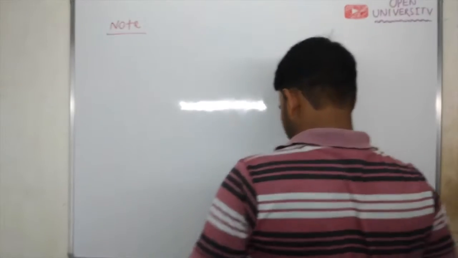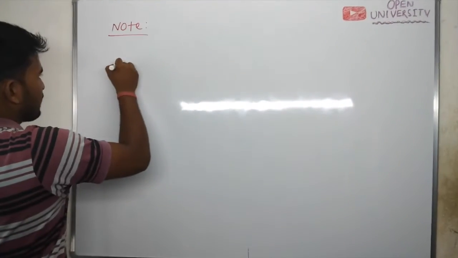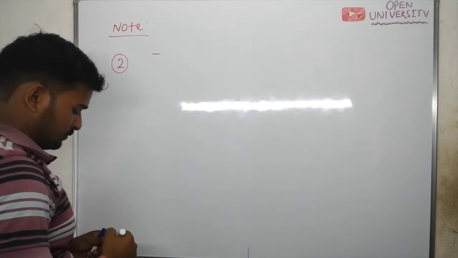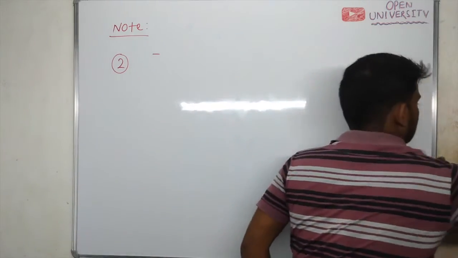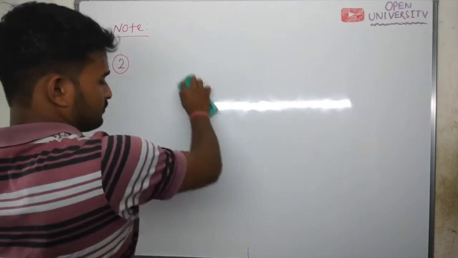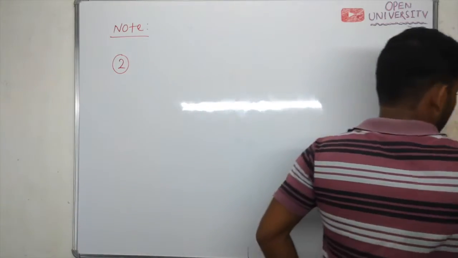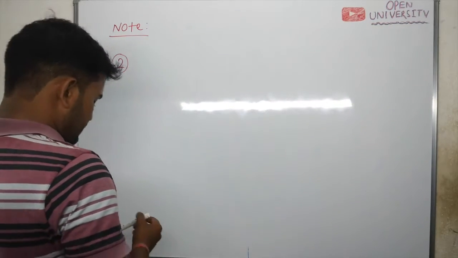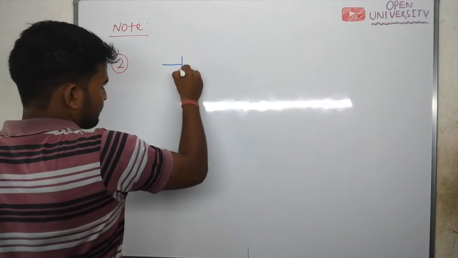Let us go to the second note. In the first note, the diode is non-ideal, that is, the diode has cut-in voltage. And the second note is like this.